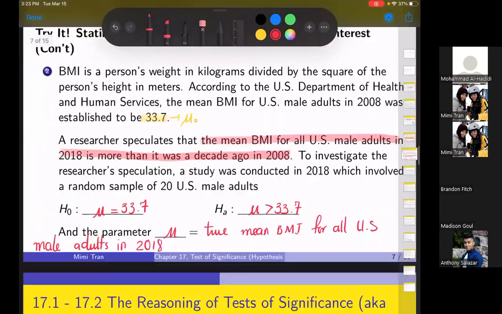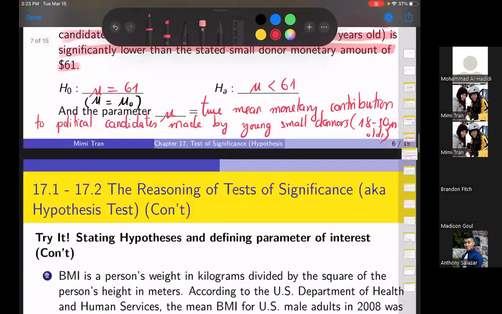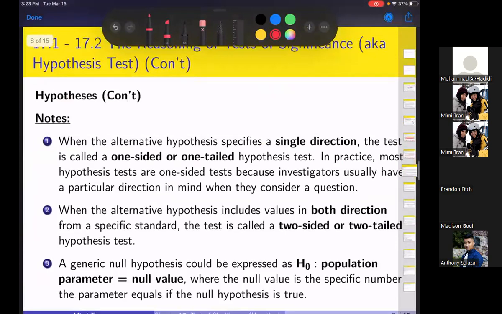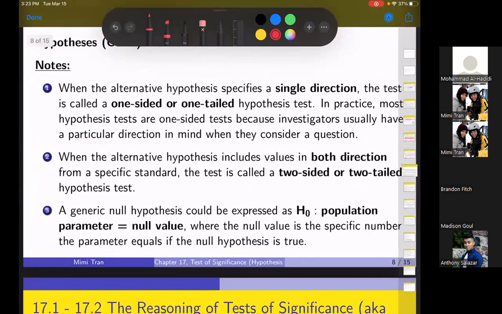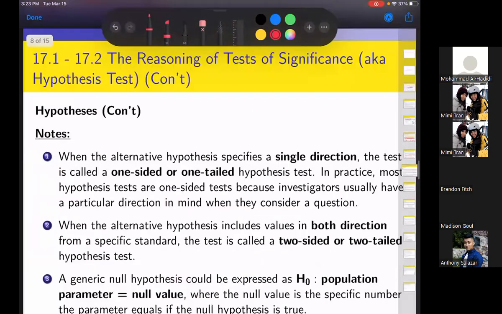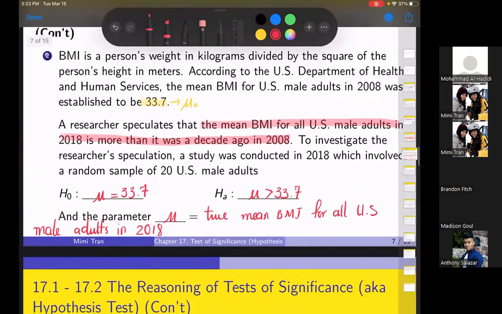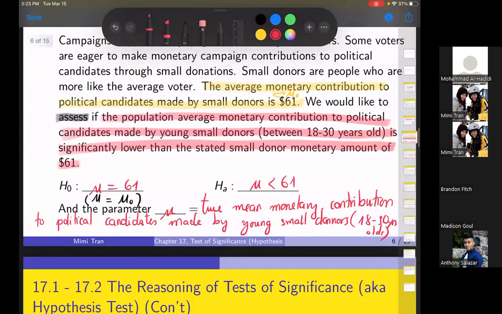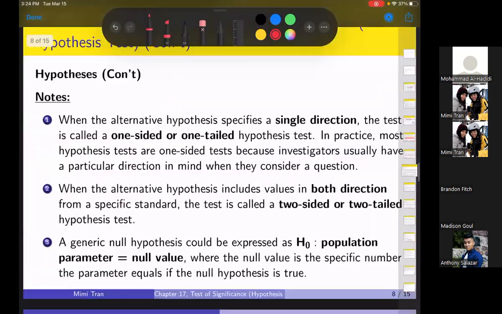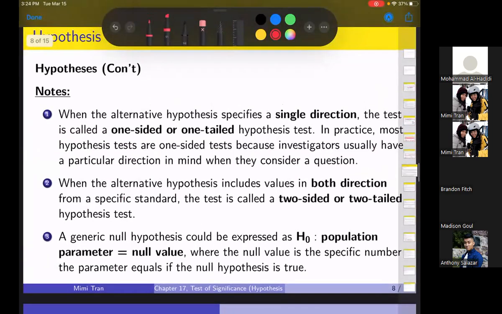So from the two examples, if you look at the HA, so far we did one-sided, right? The second one was the right tail because it's greater than, and the first one was the left tail, right? But only one side. So if you have a single direction, then the test is called a one-sided or one-tail hypothesis test.